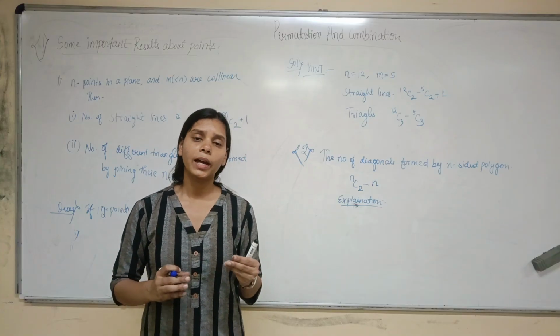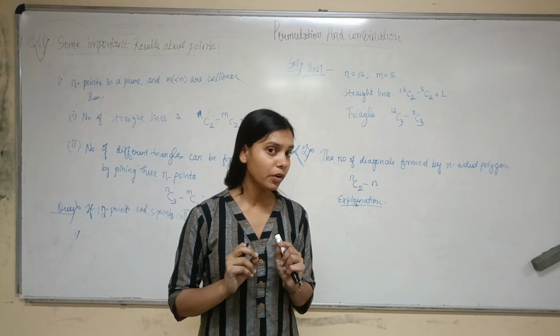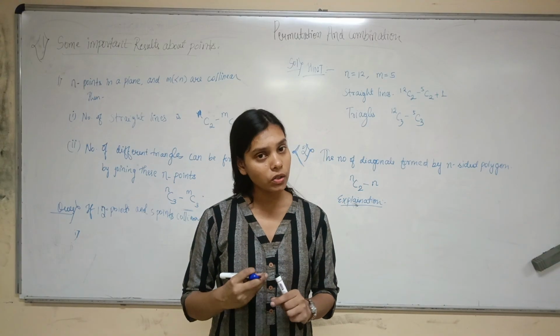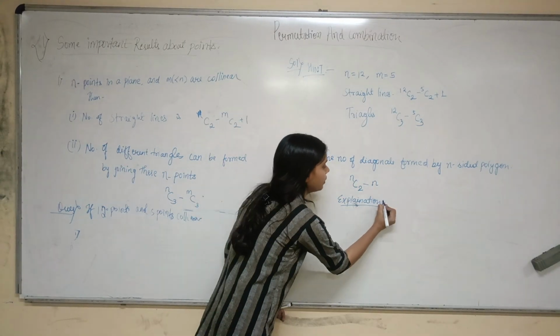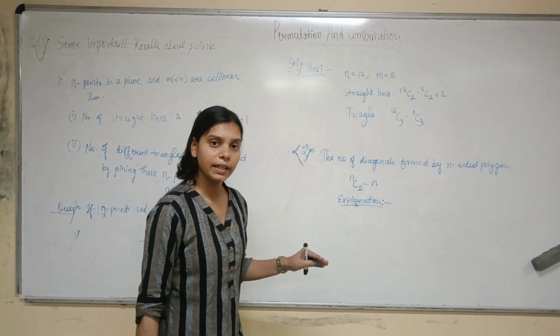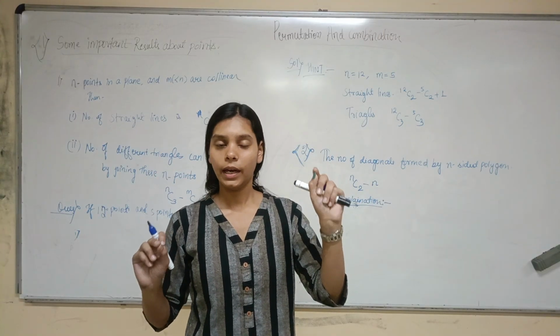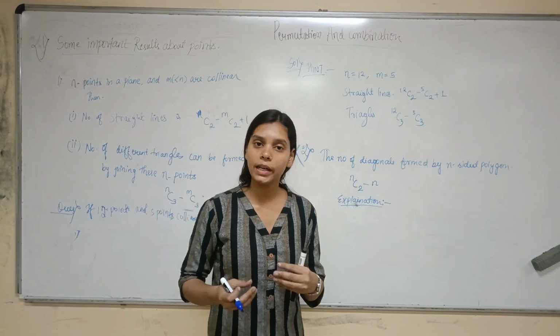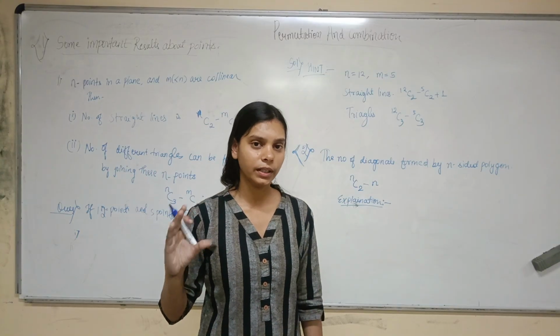And we all know that if the polygon is n-sided, then the total number of vertices will also be n, right? So if we want to find a diagonal, we join any two vertices, and we get a diagonal of the polygon.